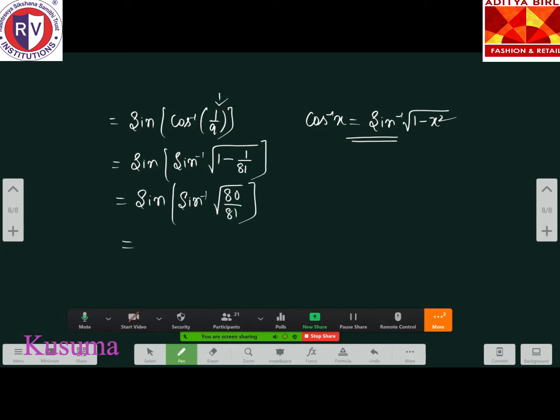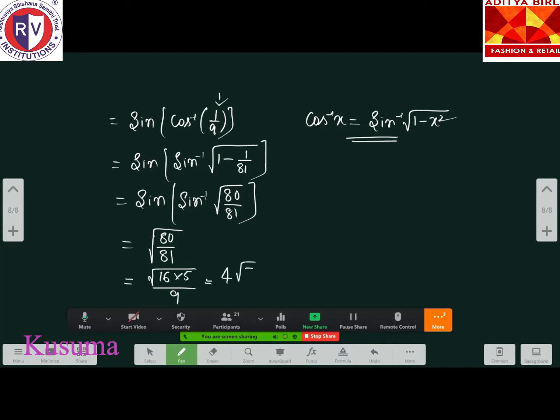So sine and sine inverse will get cancelled to give us root of 80 by 81. We know that root 81 is 9 and root 80 can be written as root of 16 into 5. We know that root 16 is 4.